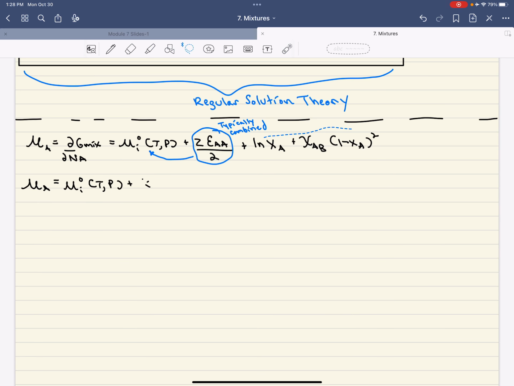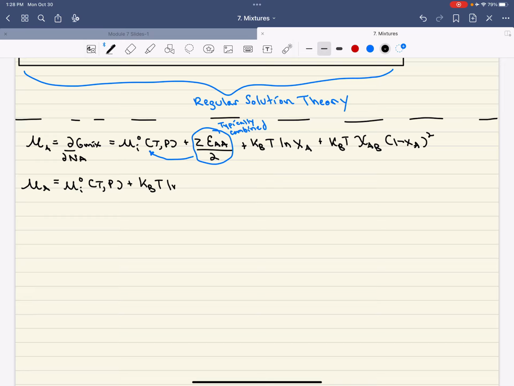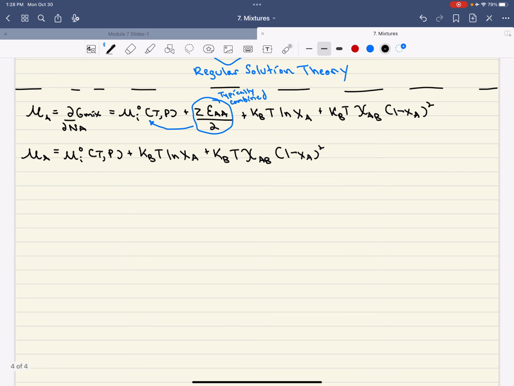And just to avoid any confusion, I'm going to add back the kBT terms here. So kBT ln of XA plus kBT chi AB times (1 minus XA) squared. Okay? And for the chemical potential of species B, we could write it like this.